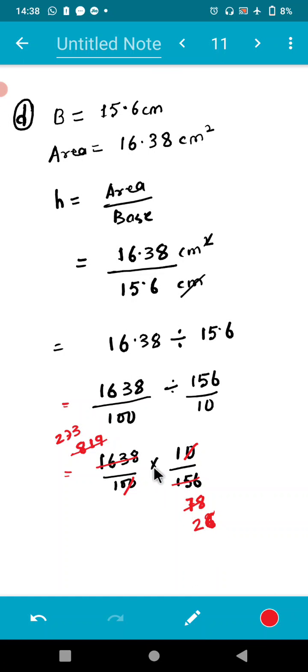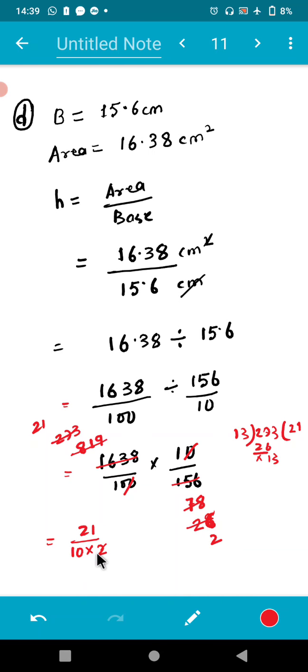Now 13 into what is 273, that we have to check. So 273, 13 2s are 26, 13 1s are 21, okay. So now we can write 21 by 10 into 2.